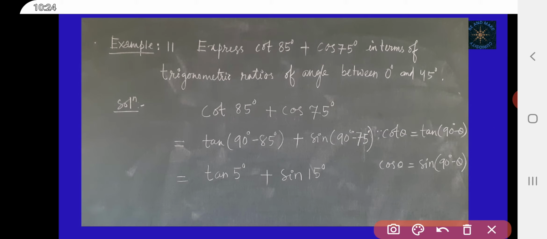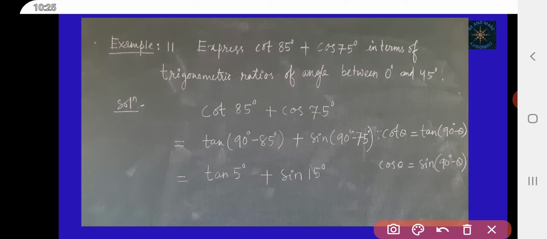So you know the trigonometric ratios of complementary angles. So you write cot 85 degree in terms of tan. So cot theta equal to tan 90 degree minus theta, and cos theta equal to sin 90 degree minus theta, you know. So here tan 90 degree minus theta, theta is here 85 degree, plus cos, you can write in terms of sin, sin 90 degree minus 75, here theta is 75.